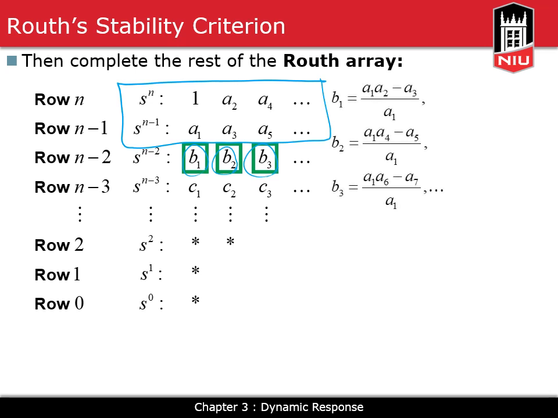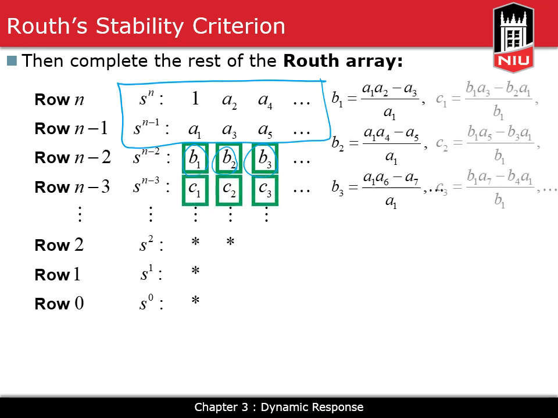The formulas for B1, B2, B3 are based on the two rows above. B1 is A1 times A2 minus A3 divided by A1. B2 is A1 times A4 minus A5 over A1. Similarly for B3 and all other terms in that row.